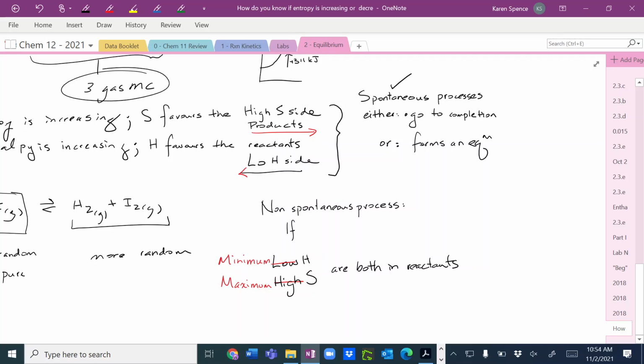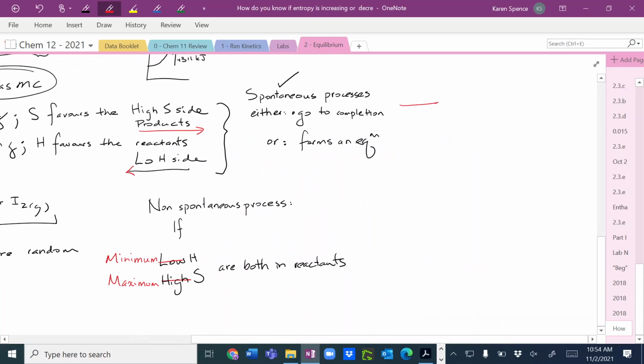That would be a reaction that goes to completion, because if you have both arrows pointing that way, right? So you would have minimum H and maximum S in the products. That goes to completion. So that would be a one-way irreversible process.